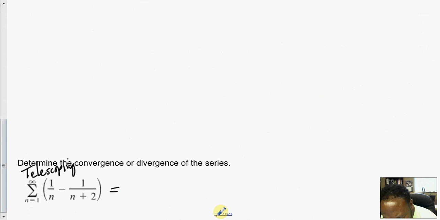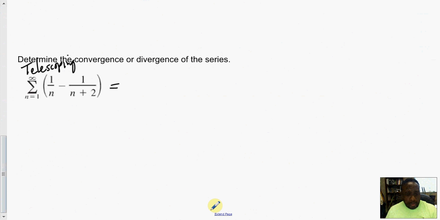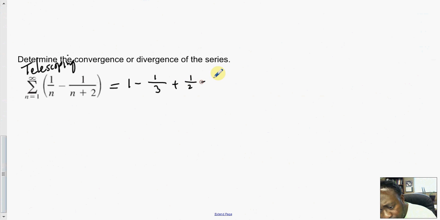So we're going to write these terms out. They've already used partial fractions for us. Thank you. So, like Jimmy Fallon, thank you. So we plug in n is equal to 1, so we get 1 minus 1 over 3, plus when n is equal to 2, we get 1/2 minus 1/4. Thank you. Plus, plus n is 1.